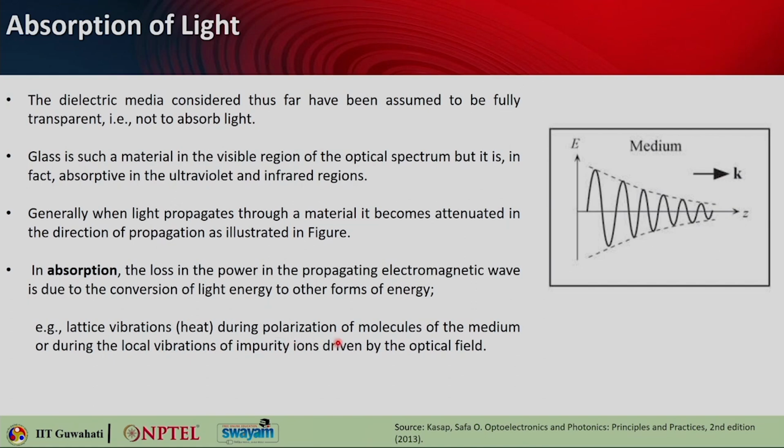Okay, and that happens due to polarization of molecules of the medium or during the local vibrations of impurity ions driven by optical field. So these are two different phenomena that could be responsible for the loss of this energy of light when it propagates through a lossy dielectric medium.